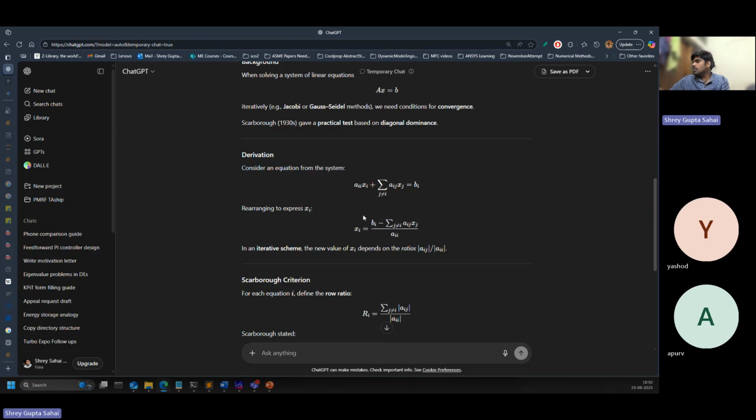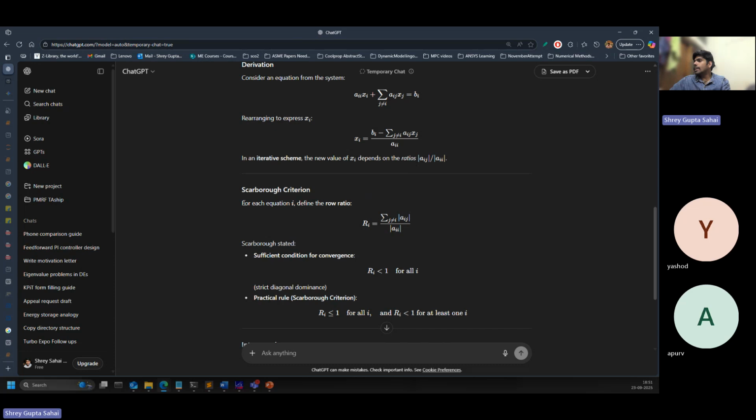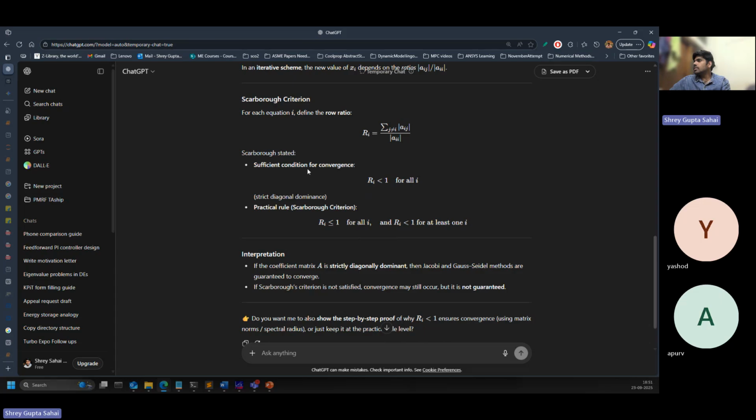Now rearranging, you will get this. In an iterative scheme, the new value of xi depends on the ratio of mod of aij divided by aii. For the Scarborough criteria, for each equation i, define the row ratio. A sufficient condition for convergence is Ri less than 1 for all i.